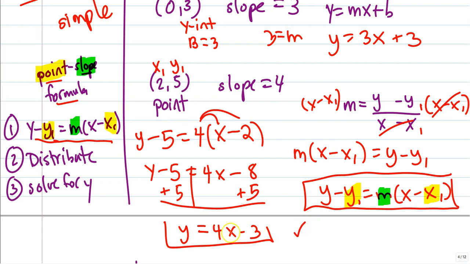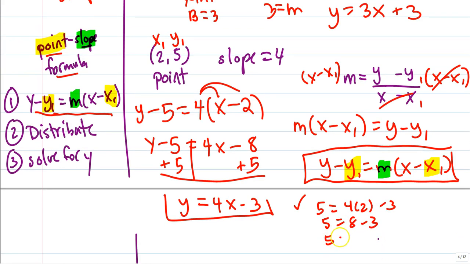If I plug in a 2 for x and a 5 for y, I get 5 is equal to 4 times 2 minus 3. 5 is equal to 8 minus 3. Hey, 5 equals 5, right? This is the equation that contains that point and has a slope of 4.